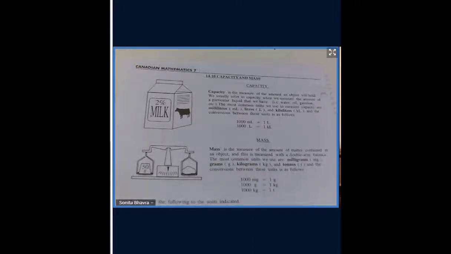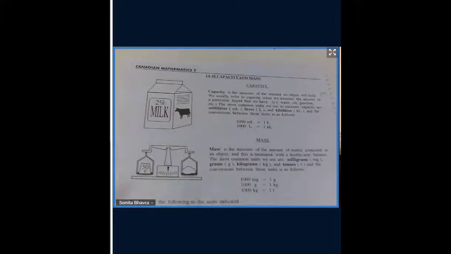And all of those are in lowercase. And the conversions between these units are shown here. 1,000 milligrams is equal to 1 gram, 1,000 grams is equal to 1 kilogram, and 1,000 kilograms is equal to 1 ton.